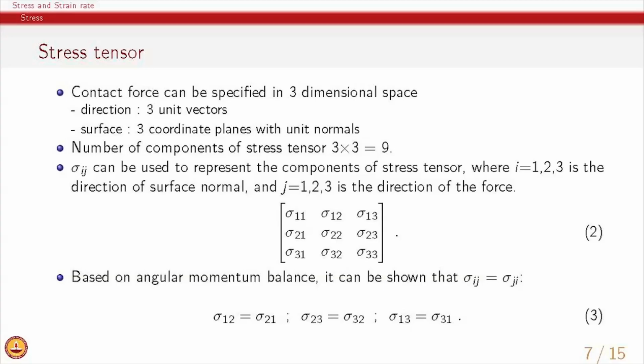So, basically we only have 6 components. We have sigma 1 1, sigma 2 2 and sigma 3 3 as the diagonal or what are called the normal stresses, and then we have sigma 1 2, sigma 1 3, sigma 2 3 as the off diagonal elements, which are called the shear stresses, and of course, as I said, sigma 2 3 will be sigma 3 2 and so on. So, we have the off diagonal elements equal to each other.